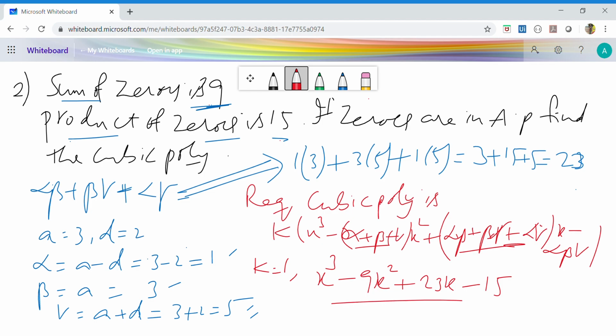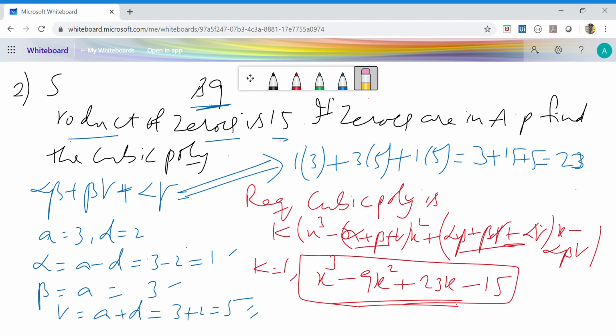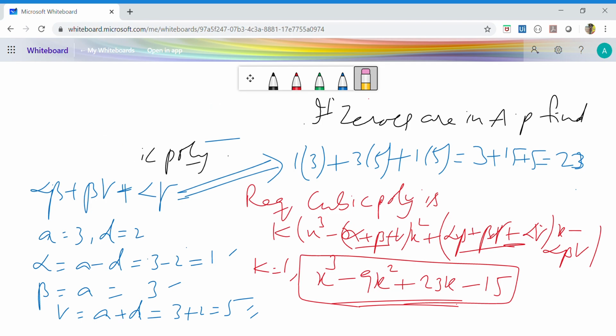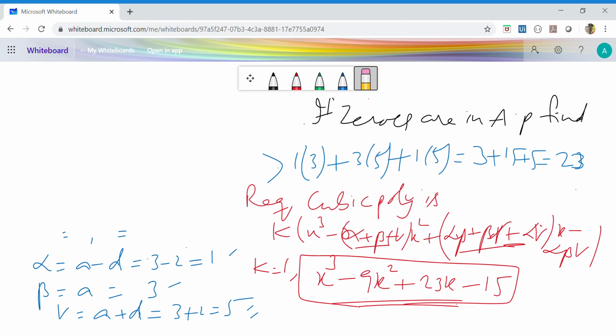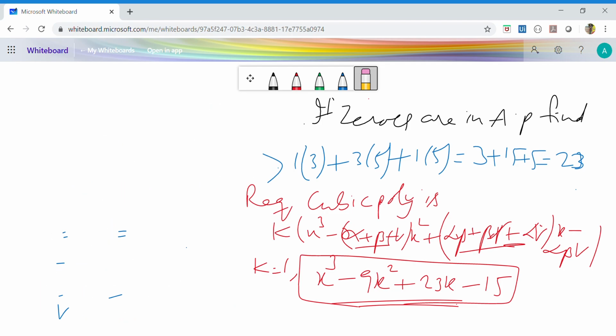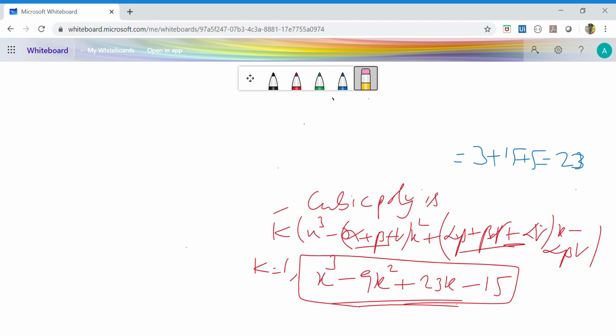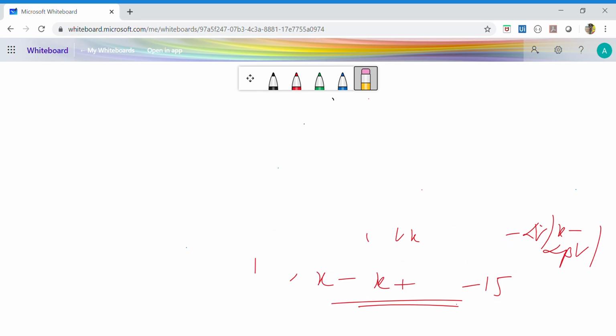The required cubic polynomial is x cube minus 9x square plus 23x minus 15. See, that's why you have to analyze the sum properly and clearly, to get alpha beta plus beta gamma plus alpha gamma, they have given the condition that they are in AP.